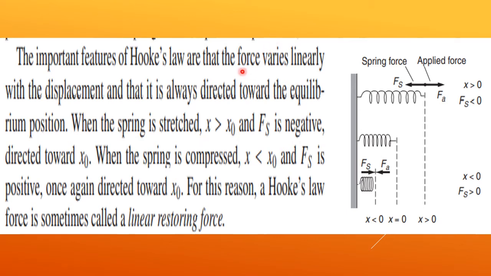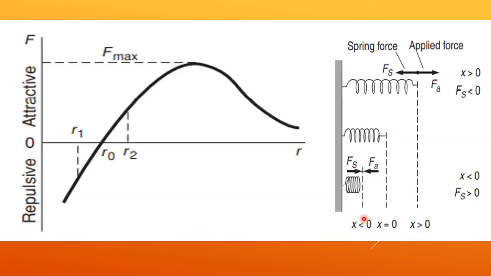That means the force varies linearly with the displacement and it is always directed towards the equilibrium position. For this reason, Hooke's law force is sometimes called linear restoring force. This is a restoring force which helps the system return to its equilibrium position.